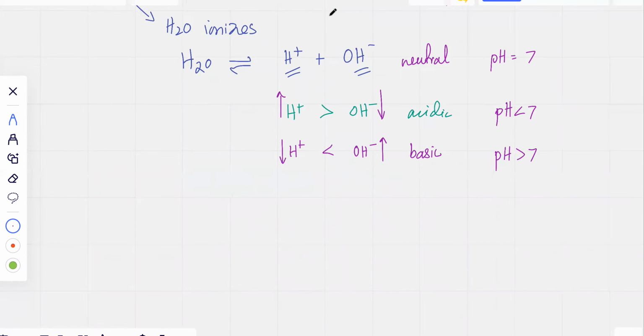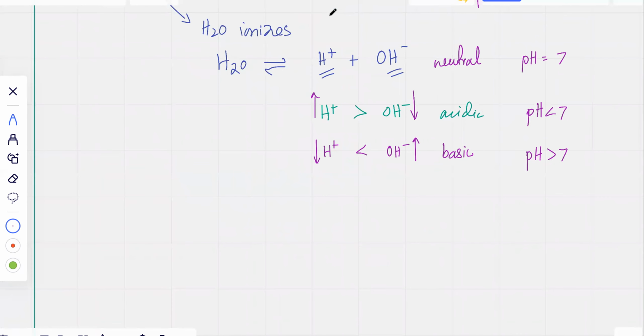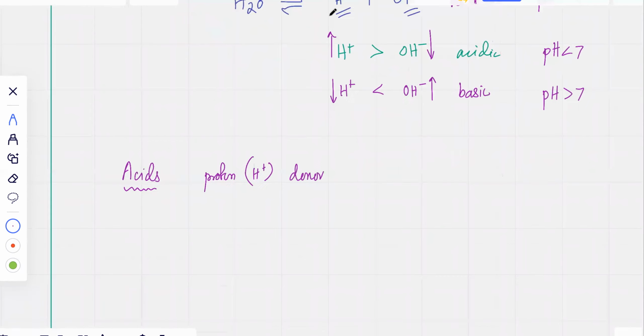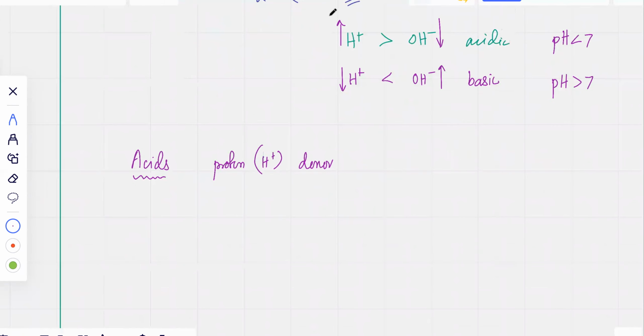So we're going to talk about acids first. So far we have just talked about acids being proton donors, proton or H+ donors. As the first thing, before discussing which substances are acids, can you name real-world acids, like the ones that you see around you? Citric acid, okay.